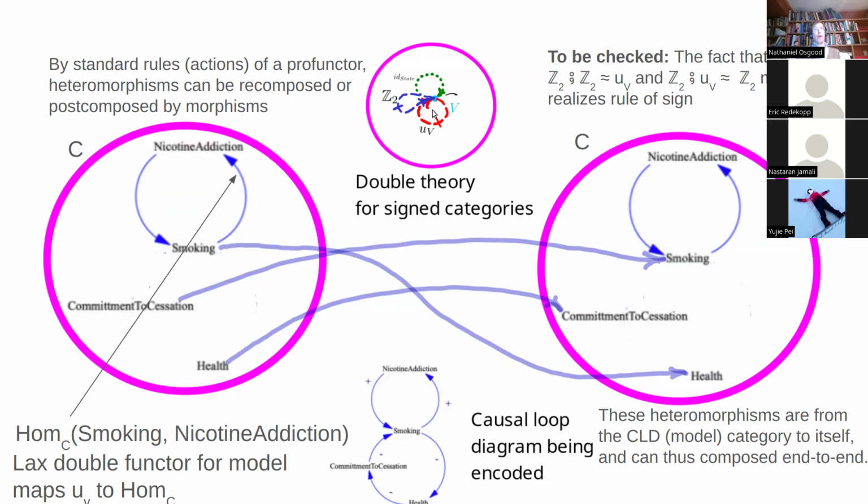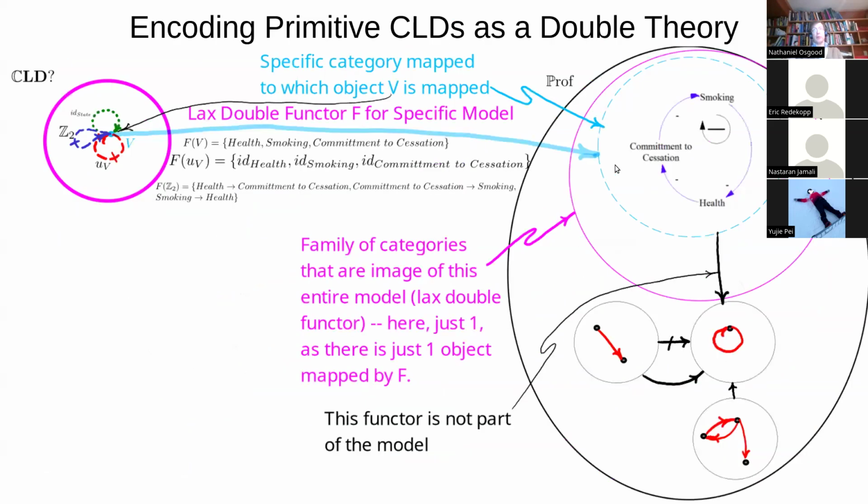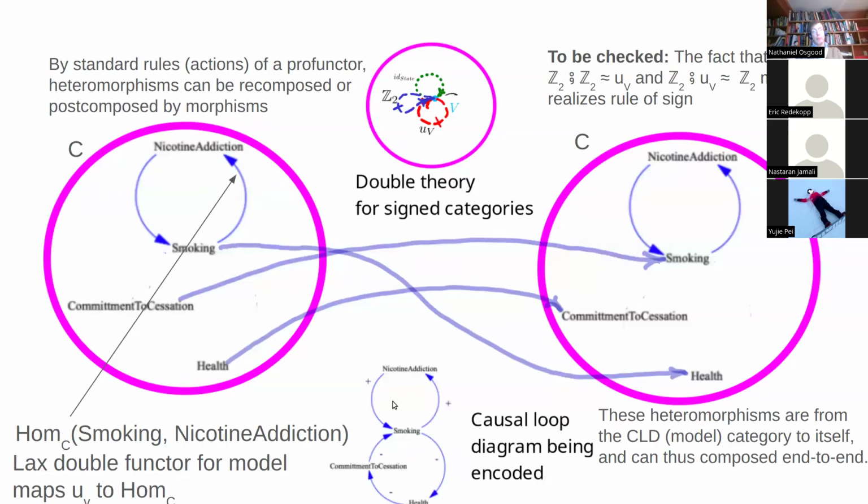And these encode the morphisms in the category, and these encode these other types of morphisms with a different label, in this case, these plus morphisms.